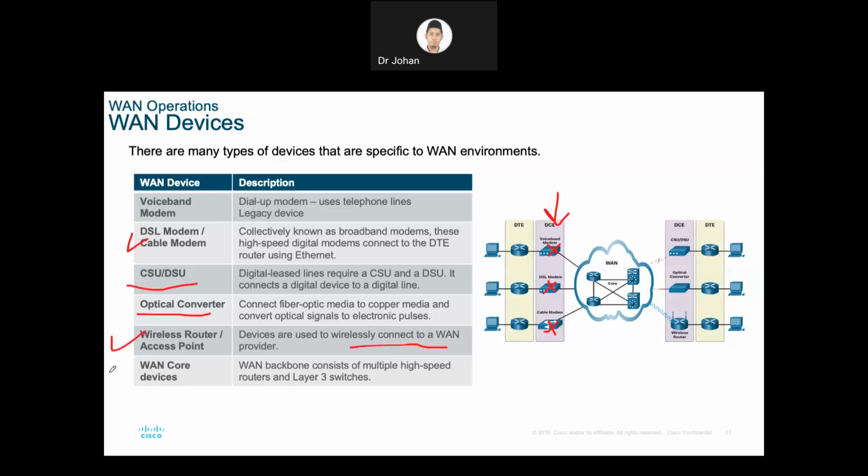Core devices in a backbone consist of multiple high-speed routers and layer 3 switches.